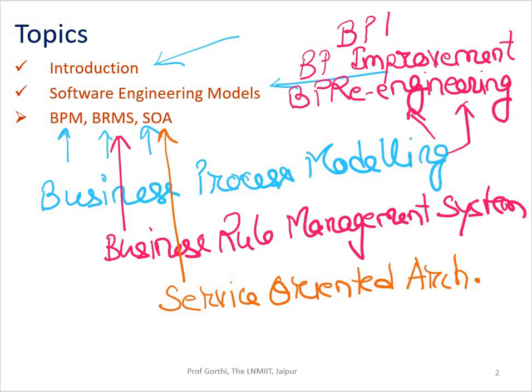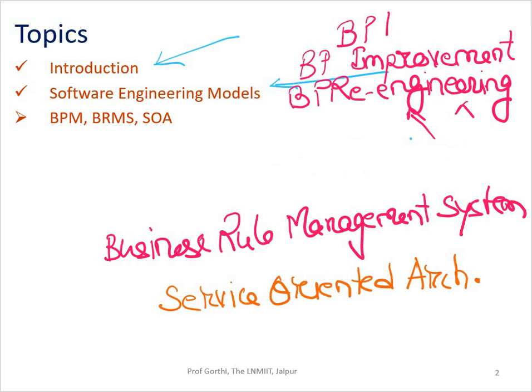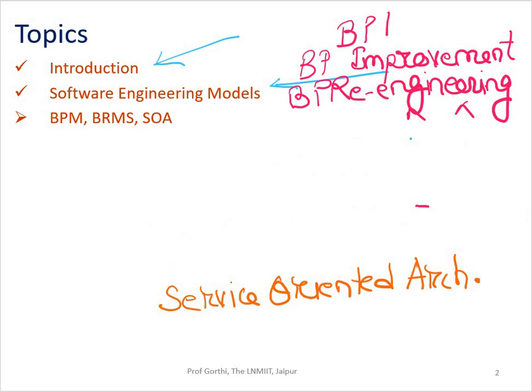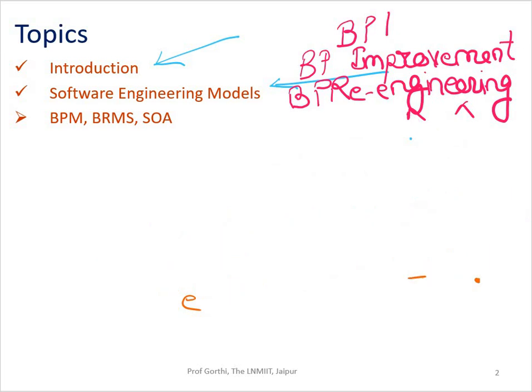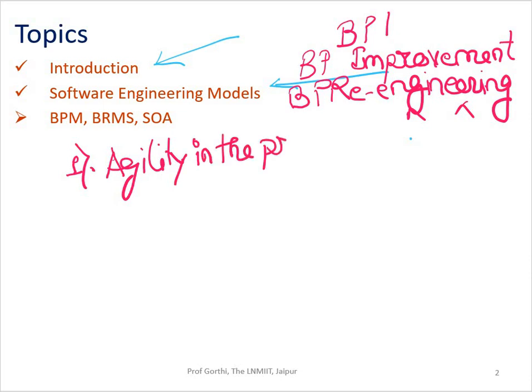So there are several advantages of going ahead with this business process modeling. By all these improvements, I can definitely talk about the process agility, right? Agility in the process.